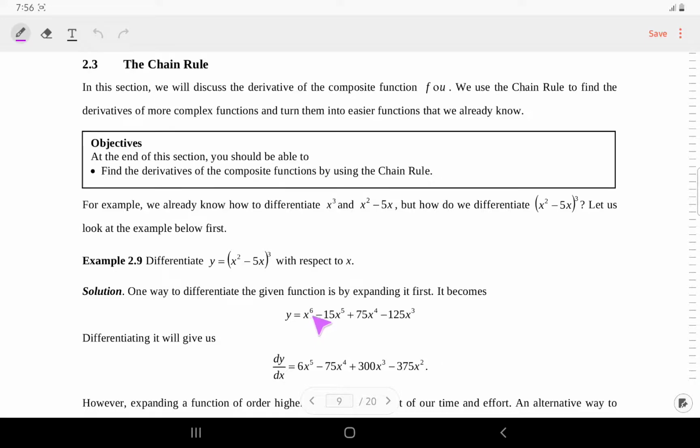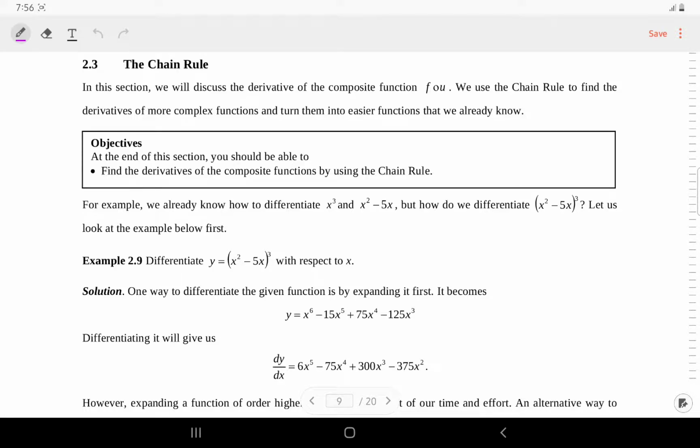x power of 6 minus 15 x power of 5 plus 75 x power of 4 minus 125 x power of 3. And then when we differentiate this function, we'll get 6x power of 5 minus 75 x power of 4 plus 300 x power of 3, and then minus 375 x power of 2.